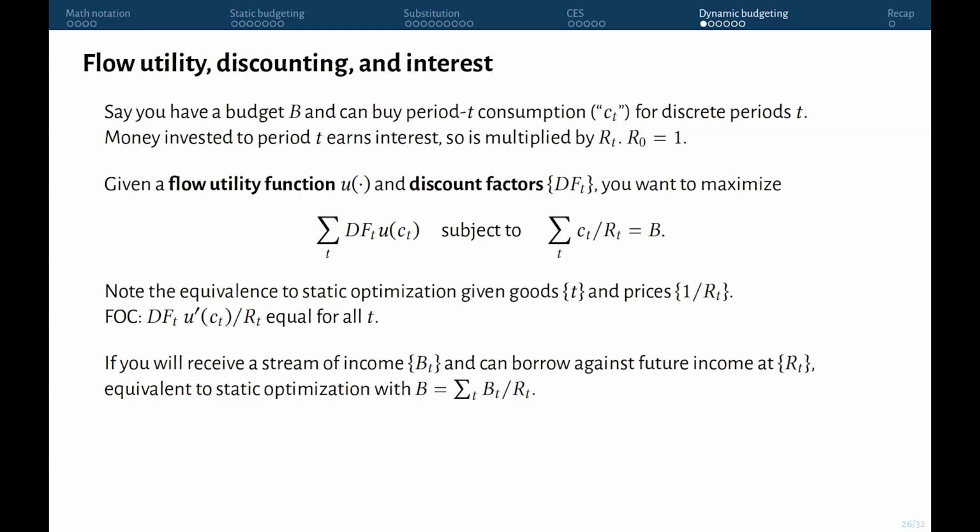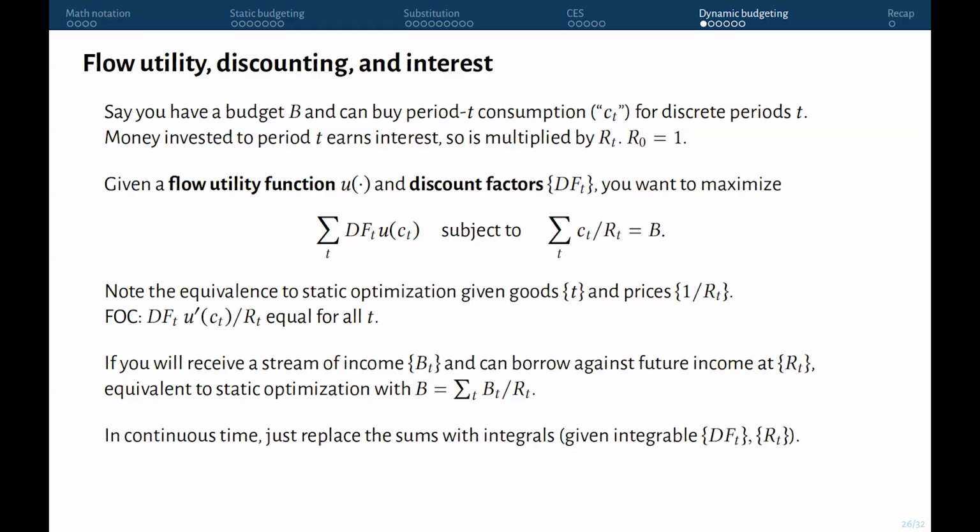It'll just be equivalent to a static optimization problem again, but where your starting budget is the sum across time of the income you'll be getting at each time, but divided by R to get the amount you'd have now if you borrowed against it at the interest rate. Obviously this can be continuous as well.